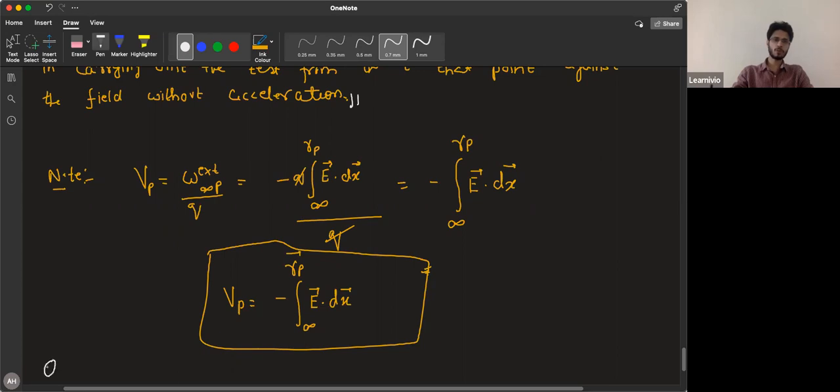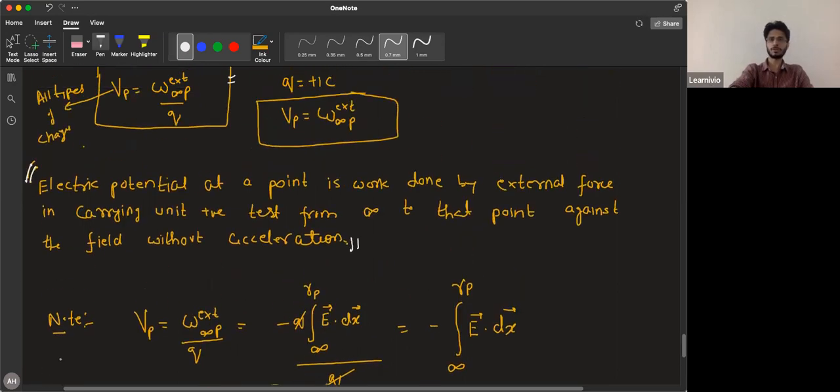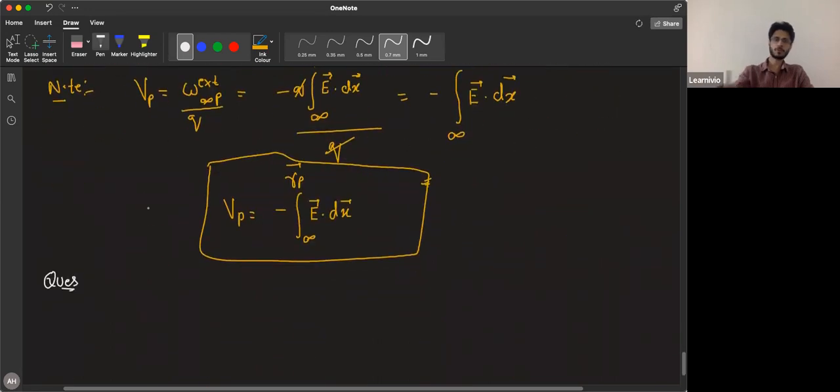Okay, one small formula-based question. The formula-based question is on this relation. In the question, the work done is given and the magnitude of the test charge is given, and it asks you to calculate the potential. Right? The question gives work done.